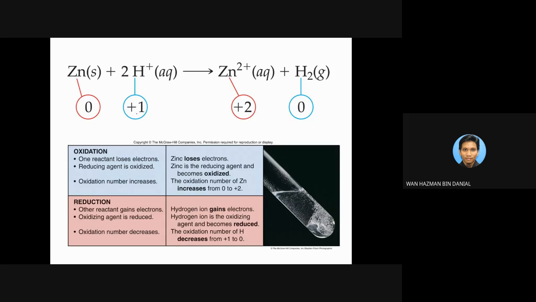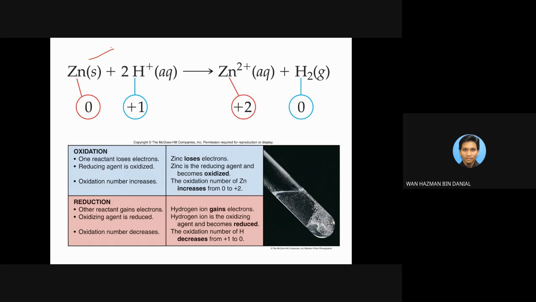For example, we have this reaction. Zinc, we put it in an acid, for example HCl, which consists of hydrogen plus ion. Zinc has zero oxidation number, and hydrogen has plus one oxidation number. So what happened here? Zinc loses two electrons.